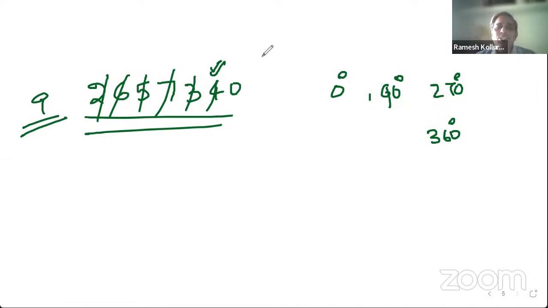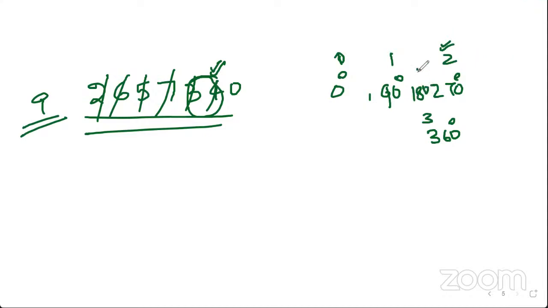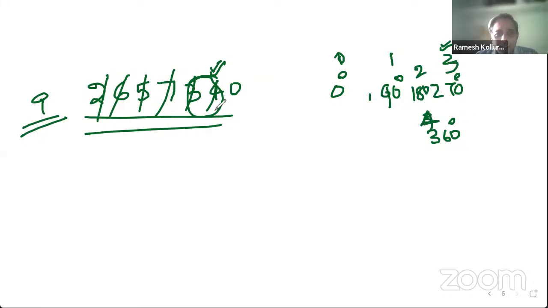Now I will use divisibility by 4. The remainders are 0, 1, 2, 3. I take the last two digits, 34, which is an even number, so when I divide by 4, the remainder is 2. Because divisibility by 9 works, and for divisibility by 4 the remainder is 2, it is 180 degrees.